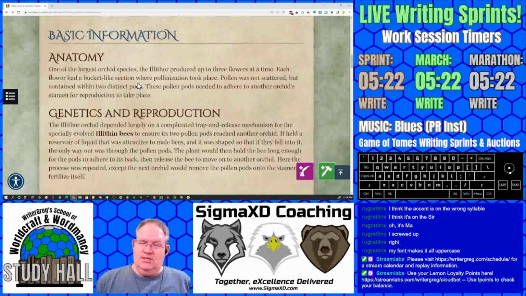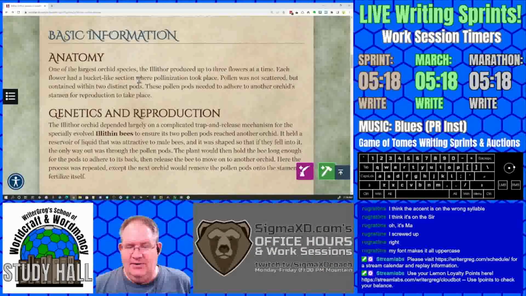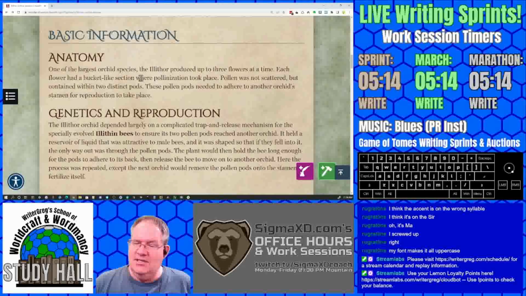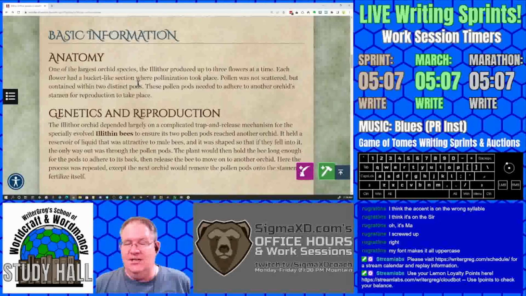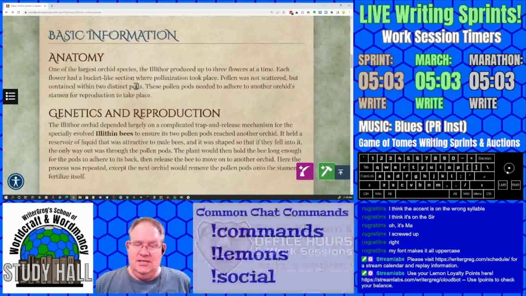One of the largest orchid species, the Illithor produced up to 3 flowers at a time. Each flower had a bucket-like section where pollination took place. Pollen was not scattered, but contained within 2 distinct pods. These pollen pods needed to adhere to another orchid's stamen for reproduction to take place.